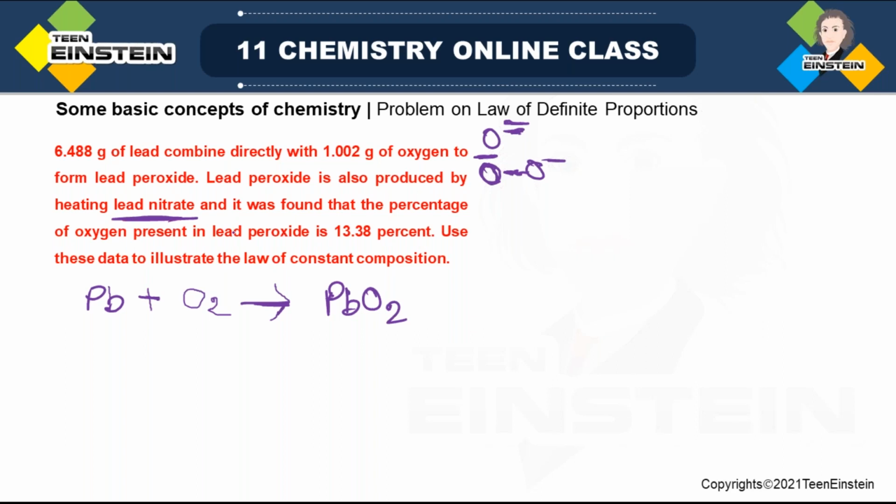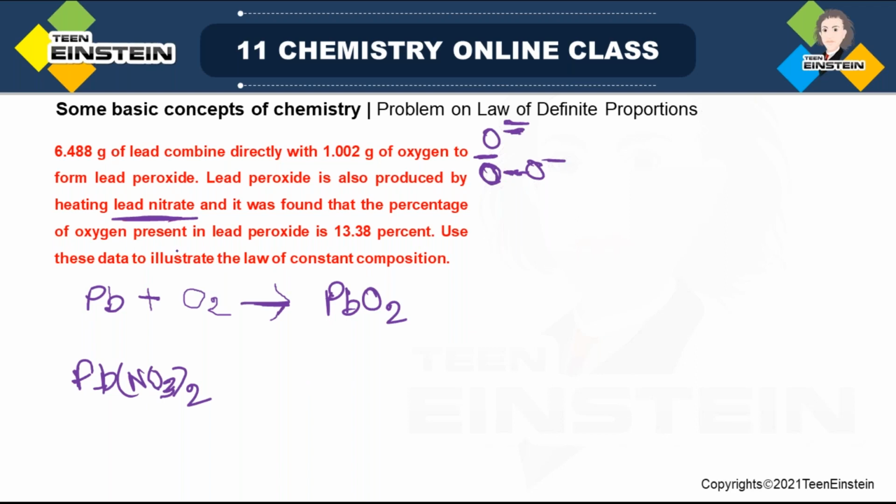Lead nitrate is Pb(NO3)2, because per NO3 there is charge -1. So to balance the 2 positive charge, the formula should be Pb(NO3)2. Though the formula is not required here, I am just writing it. So when you heat Pb(NO3)2, you also get lead peroxide.